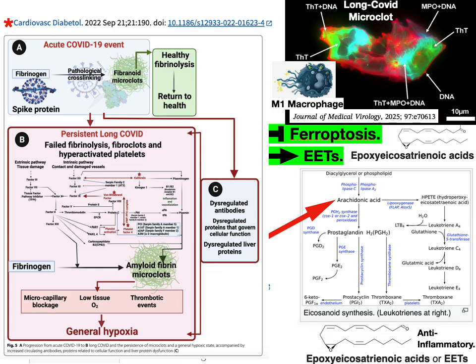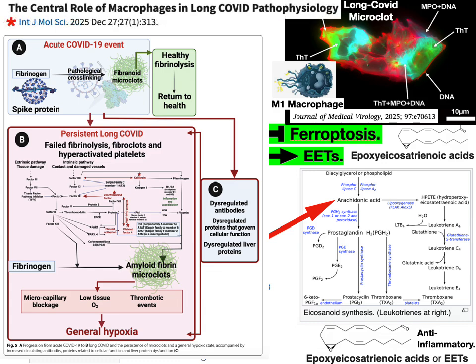And just to the lower left of the long COVID microclot is an M1 macrophage, a pro-inflammatory macrophage. And macrophages play a central role in long COVID pathophysiology. This is a review from 2025.